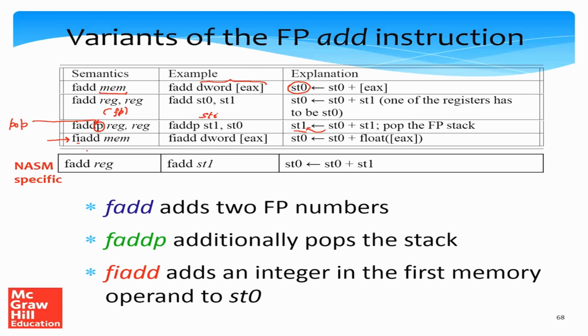And an example of this instruction would be FIADD dword [EAX]. And so here EAX contains the memory address. So the computation that is being done is that to ST0 we add the contents of the memory address. That's assumed to be an integer, so you convert it to a floating point. We add it to the contents of ST0 and save the results in ST0.